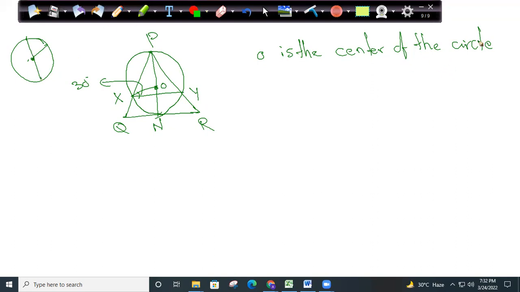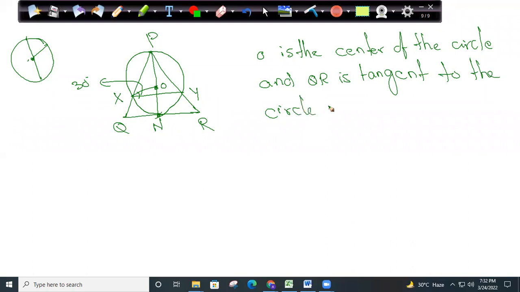O is the center of the circle, and QR is tangent. Tangent means touching the circle at exactly one point. QR is tangent to the circle at N.